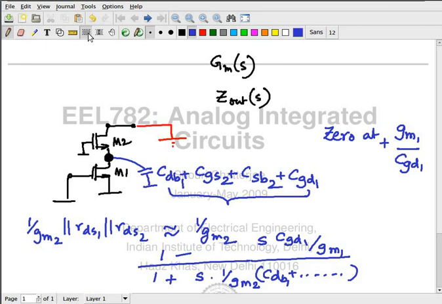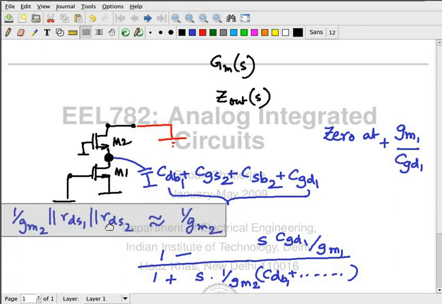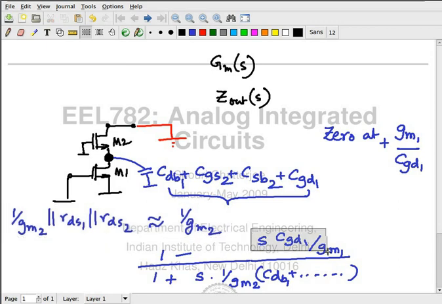Don't miss the minus sign. Okay? So this is the pole and the zero, and with this you need to multiply the DC gain, the DC transconductance. That's the complete expression.